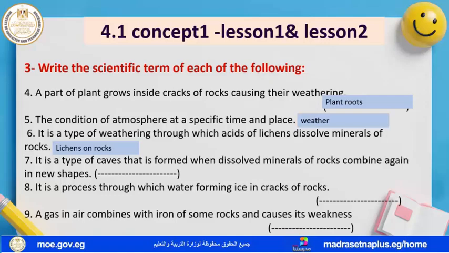Number seven, a type of cave that is formed when dissolved minerals of rocks combine again in a new shape. Limestone cave, excellent, very good. Number eight, a process through which water forms ice in cracks of rocks.